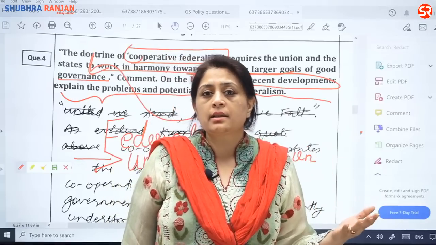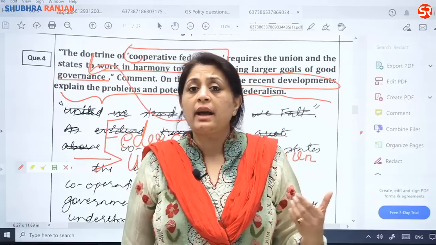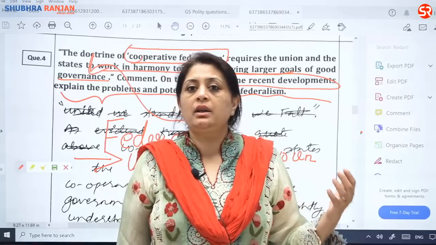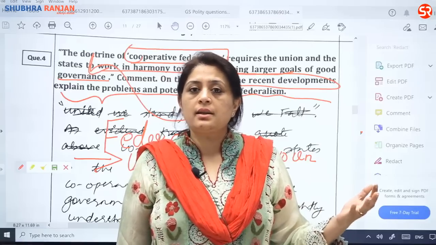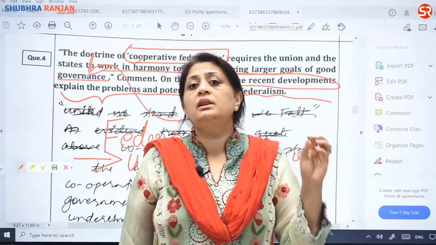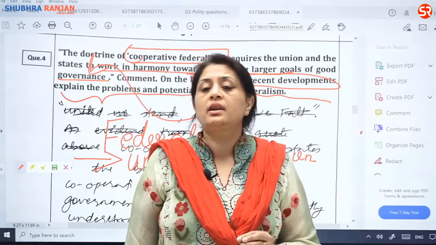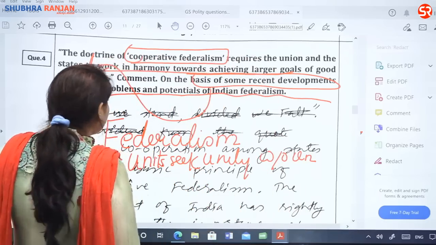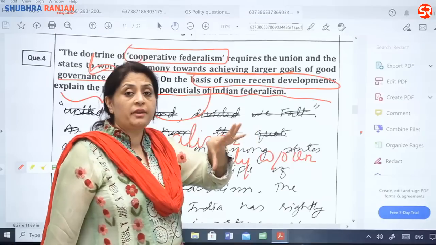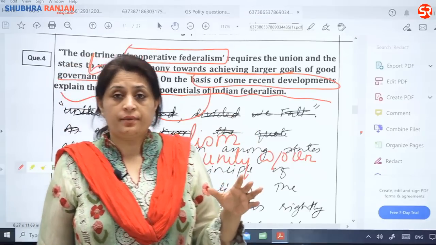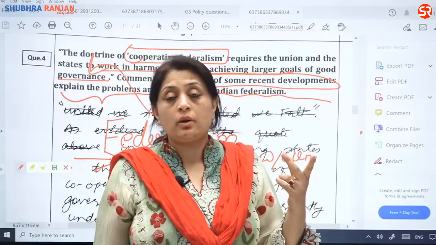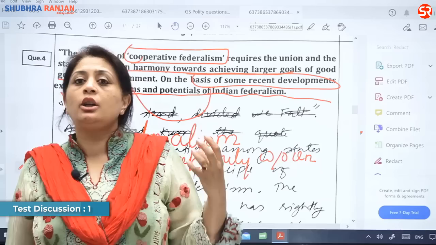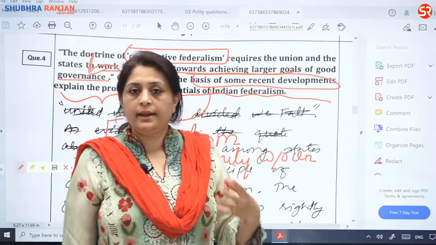We have the Finance Commission, the union can issue directions to the state government, and bills of the state can be reserved for the president's consideration. Institutions of cooperative federalism like the Interstate Council and zonal councils, these things you can also mention. Cooperative federalism can be successful because these two forms of government are not independent, rather they are interdependent, so they will have to work in harmony.